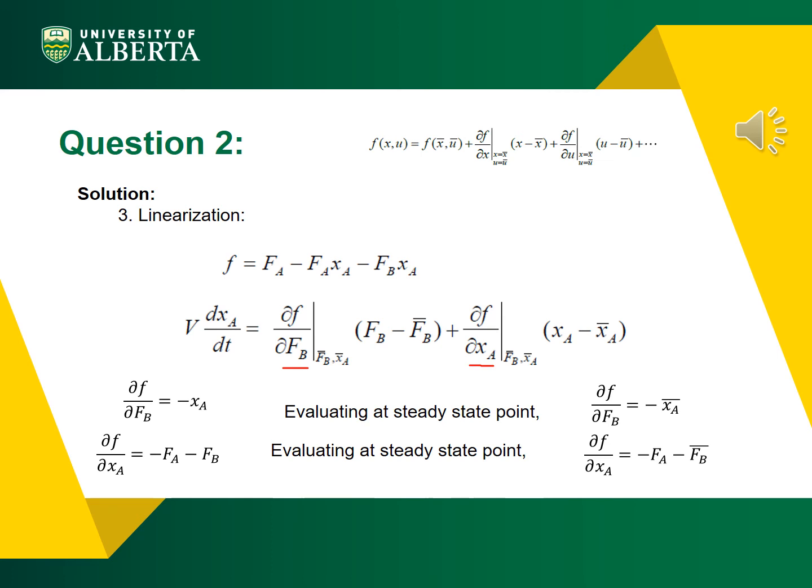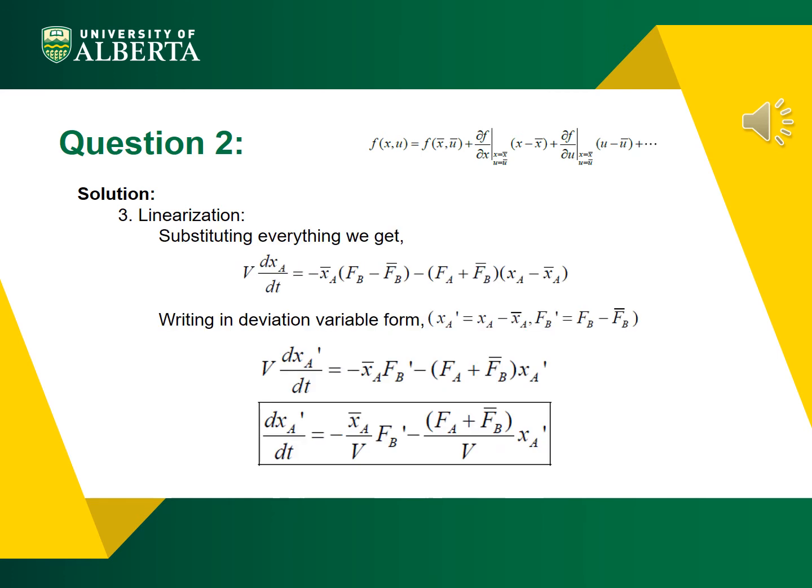So if we plug all these into this equation right here, we should be getting the linearized model. So I'm substituting everything into the main equation, and what I would get is right here on top.